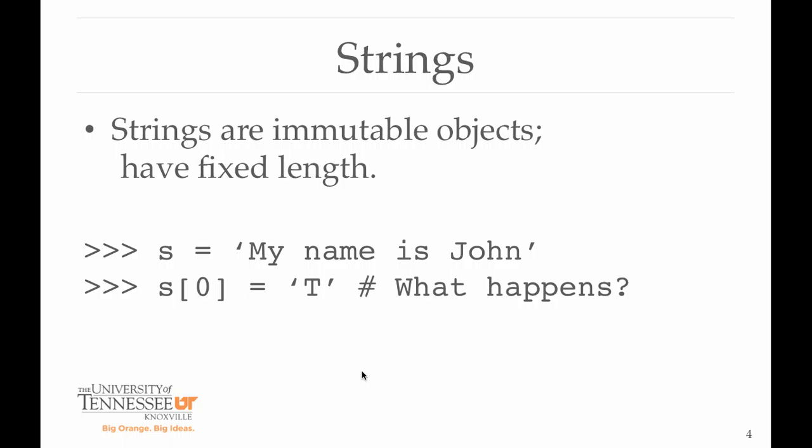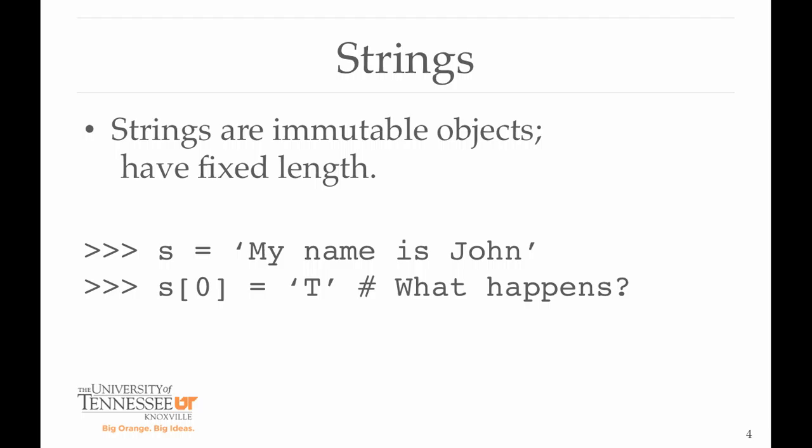Now, another property of strings, as implemented in the Python language, is that strings are what we call immutable objects, and they have fixed length. You can't change the length as you define it, and they are immutable. Immutable, of course, means cannot be changed, and so they can't be modified by some other assignment statement.